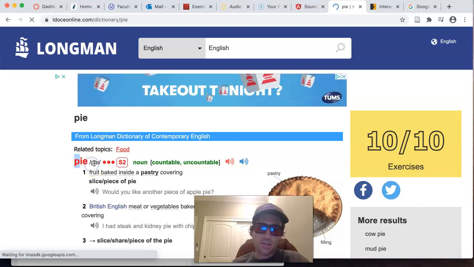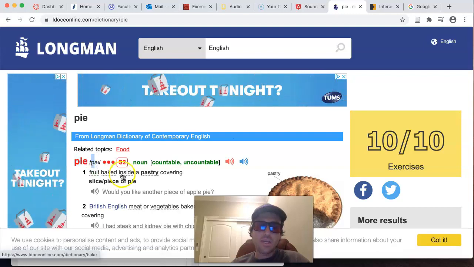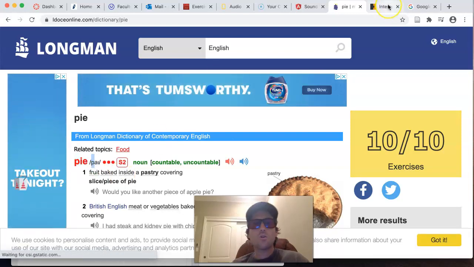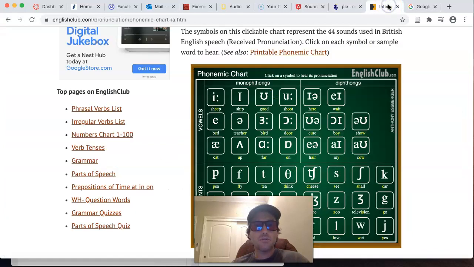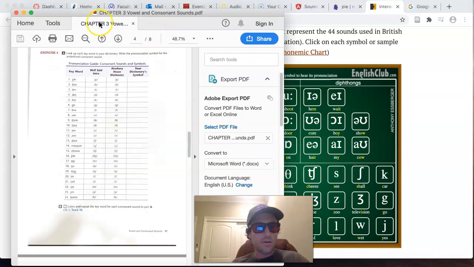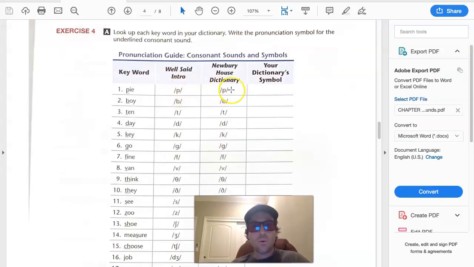This is our consonant sound, the letter P. You can go to your interactive chart for good measure and compare. Pie, that's the right one, correct? So we're going to write in here for number 1 essentially the same symbol, right? They're probably going to be mostly the same. You may have some differences.